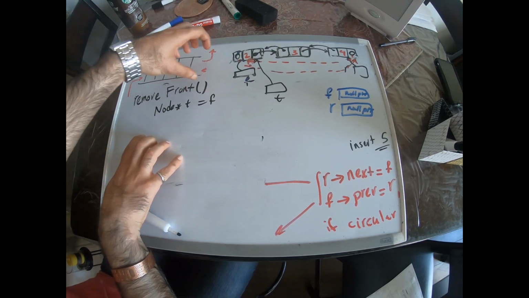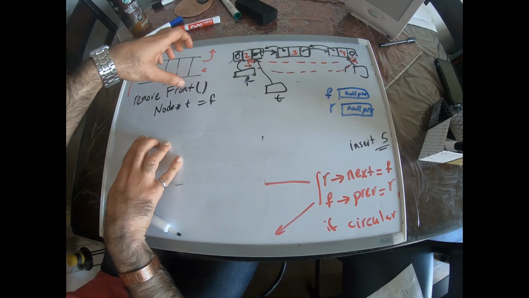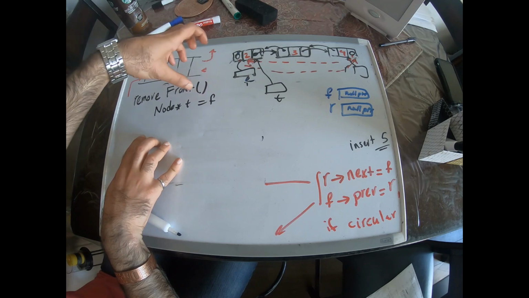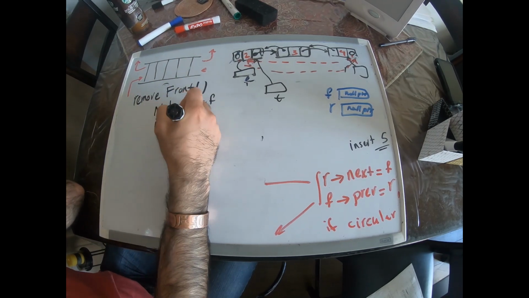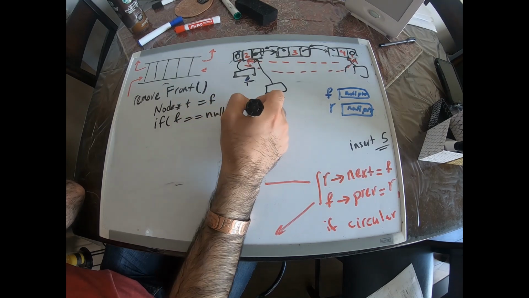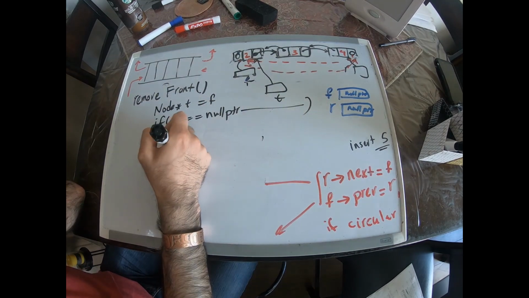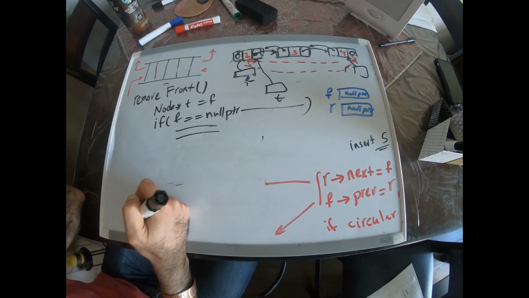Because you can't remove from an empty deck the same way that you can't remove from an empty queue or empty stack. So first we have to check if front is equal to null pointer and rear is equal to null pointer, then take the proper action here. Okay.